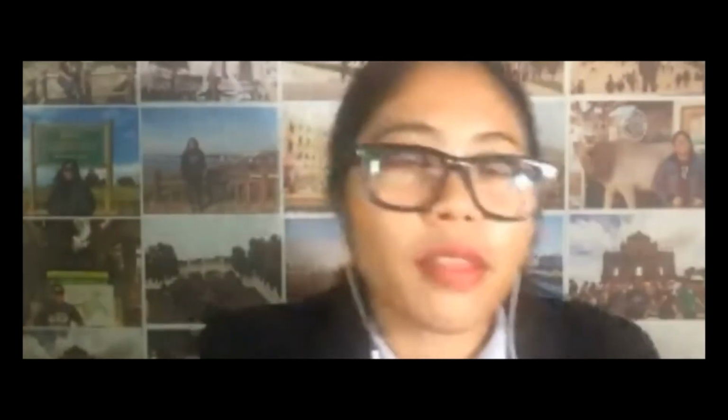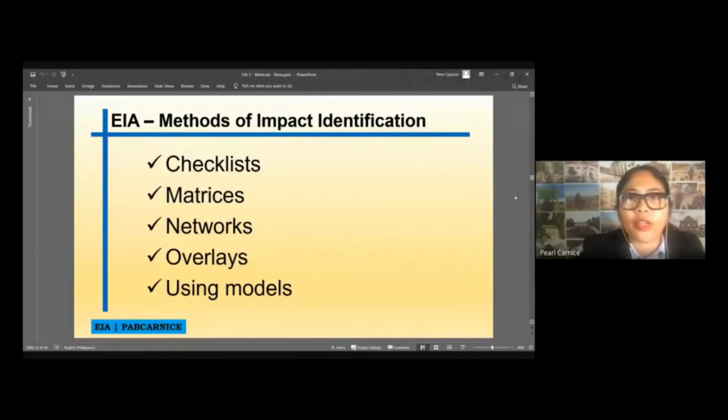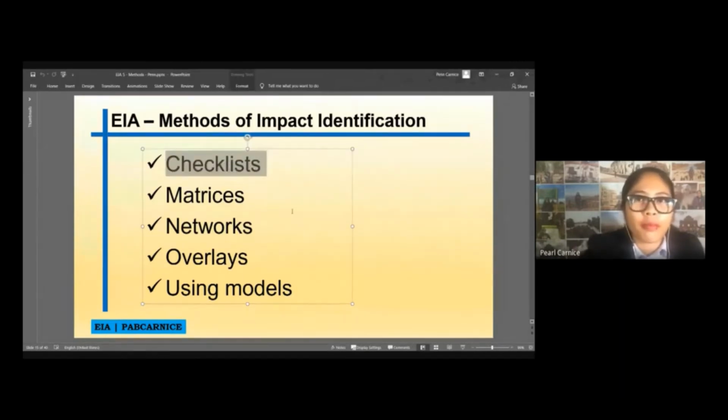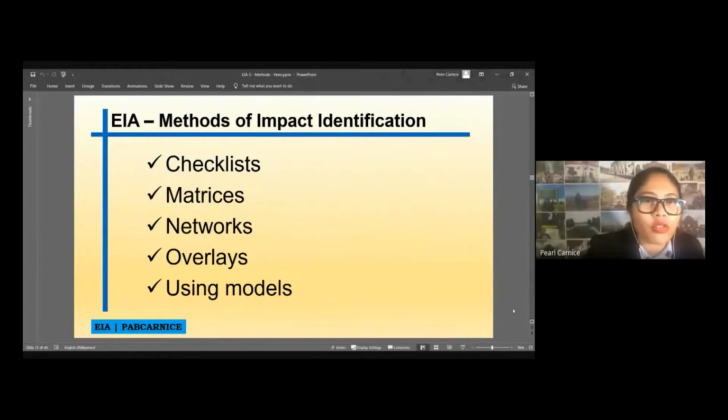So this is actually the methods of impact identification. So of course, first is the checklist. I hope you can see my slides already. Of course, we have the checklist, the matrices, networks, overlays, and of course, we can also use models.